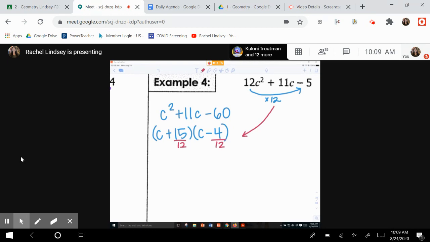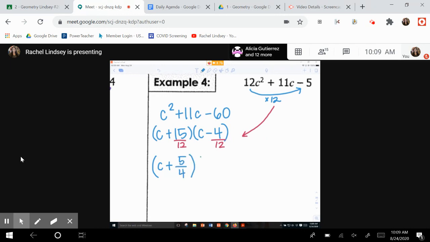Okay. Then we're going to simplify that. So 15 over 12 reduced to? 5 over 4.